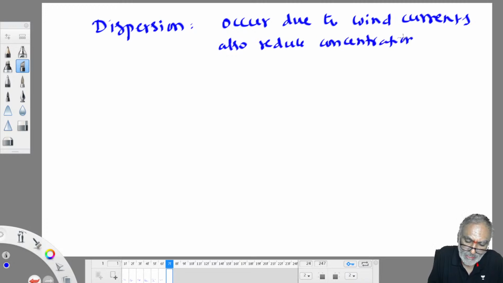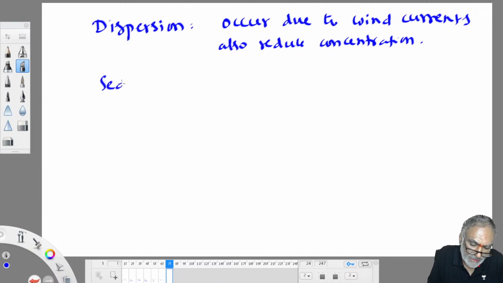But there is no numerical equation. Luckily, numerical equations are there when dispersion and dilution are coupled together; the Gaussian distribution model you can apply. But generally, dilution alone reduces the concentration much more. Dispersion becomes almost negligible after dilution, therefore it is not taken into account. Of course, it does help in further reducing the concentration.